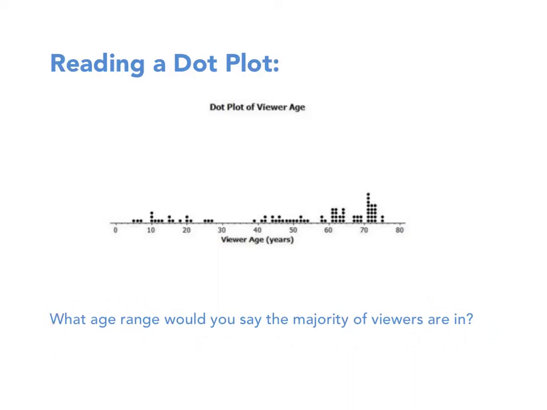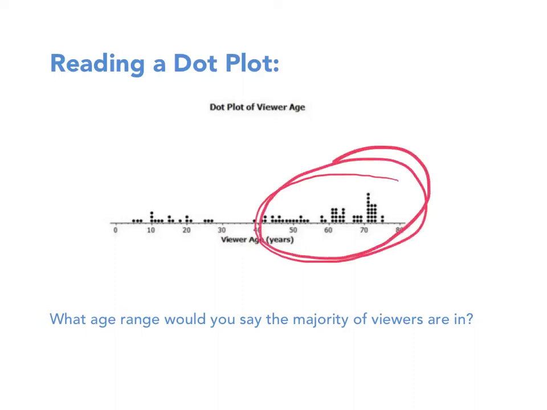So the first thing I'm going to do is go over skew. It looks like the majority of data is on this side of the dot plot. And it looks like this side right here has a smaller part.